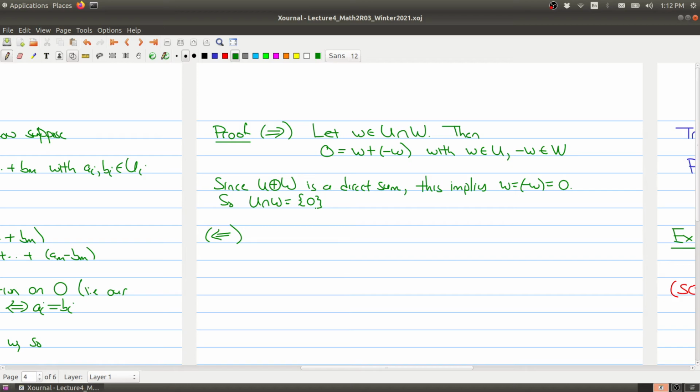Now let's show the reverse direction. Let's say the vector 0 can be written as u plus w, with little u inside of capital U and w inside of W. What we want to do is show, using our previous result, that u and w are both 0. Well, from this information, we get that u is equal to negative w.